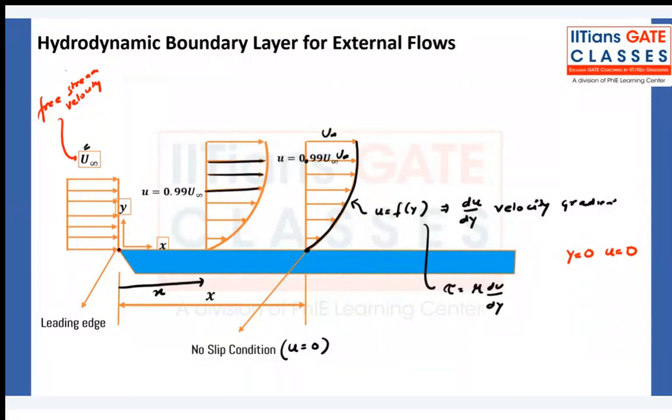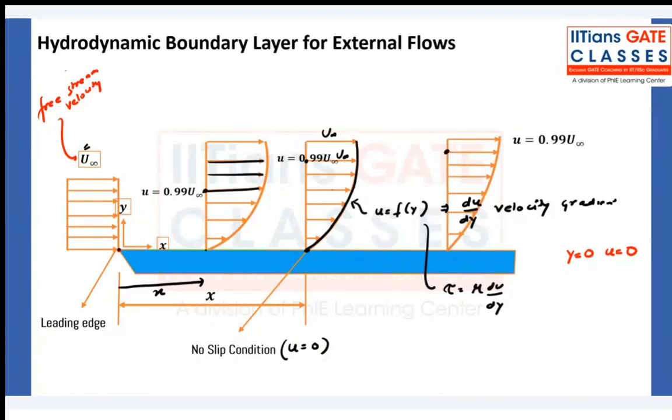Here you will reach this u infinity point much earlier, because velocity is high here. As you go further, this point will be further, somewhere here, let's say. So these are the points.